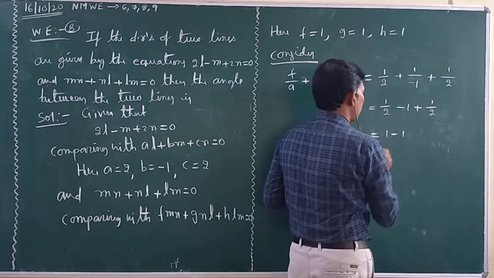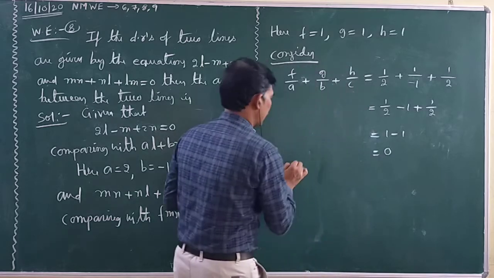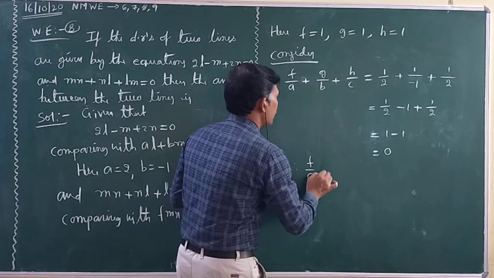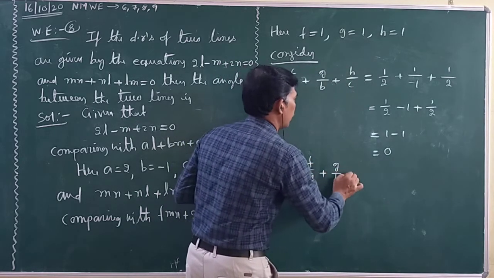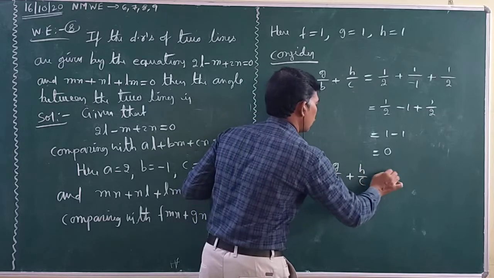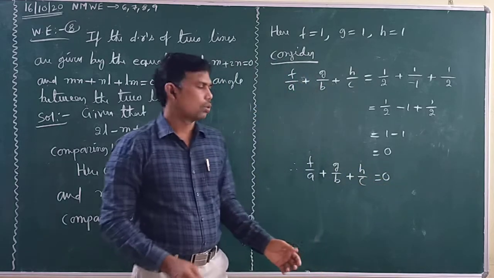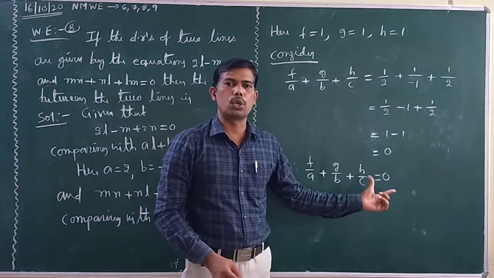Finally 1 minus 1 is equal to 0. So F by A plus G by B plus H by C is equal to 0.